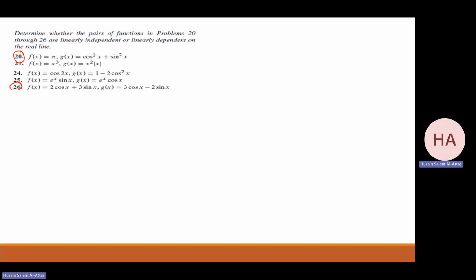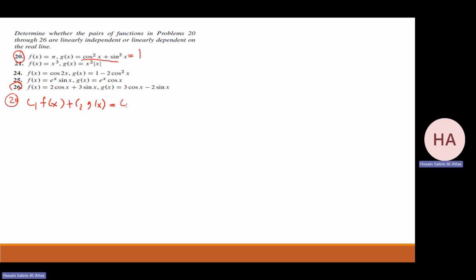Okay, determine whether the pairs of functions are independent or dependent. Let me do these problems. Problem 20 is very clear. I will do C1 f of x plus C2 g of x, which I know equals 0.